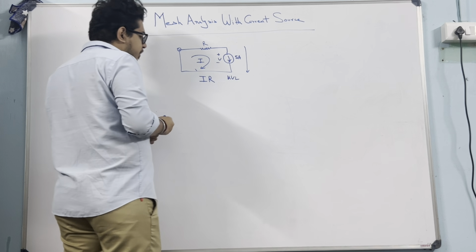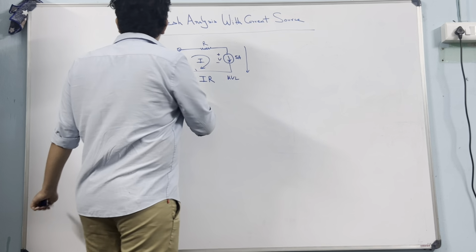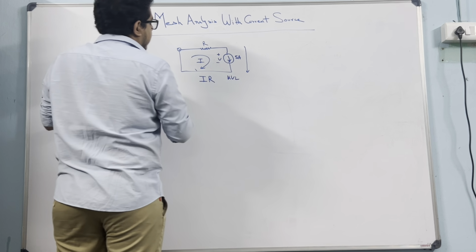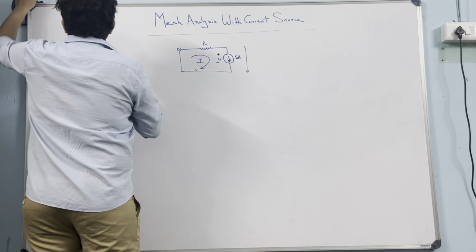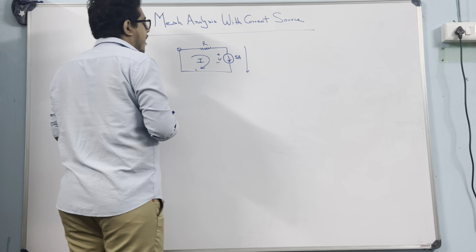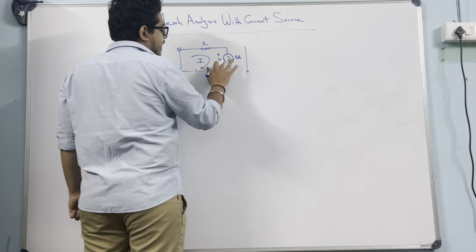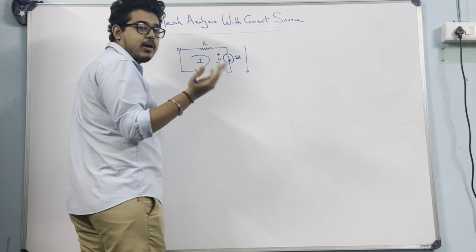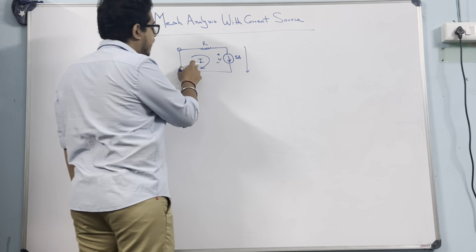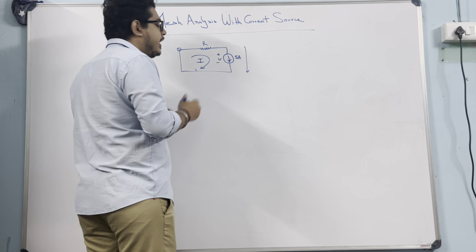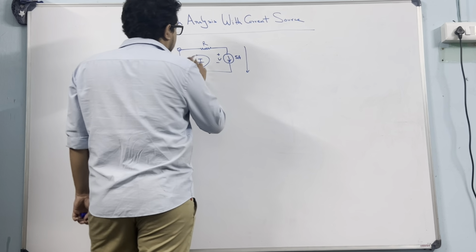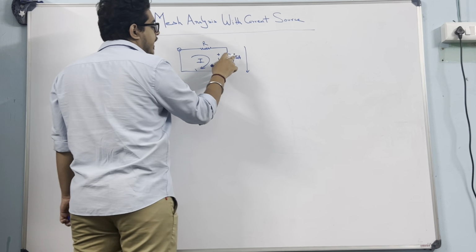So alternatively, how can I write an equation here? It's simple. In this single mesh, the source is maintaining a current of 5 amperes. What I want to know is the current.